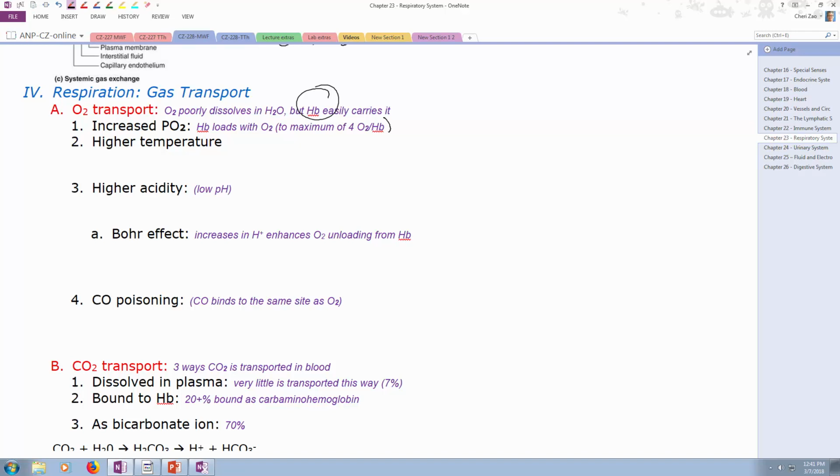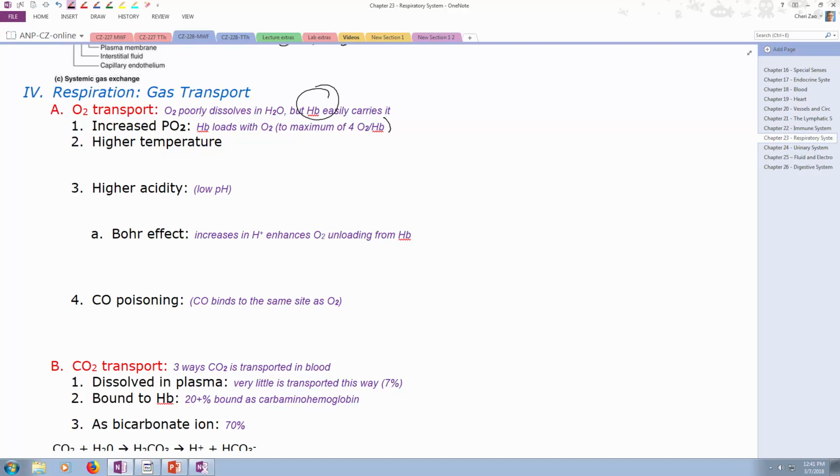We're working with affinity. Higher temperatures, what does that do to the hemoglobin's affinity for oxygen? How much does hemoglobin like oxygen when it's in a hot area versus a cold area? Doesn't like it so much, which is kind of good, right?